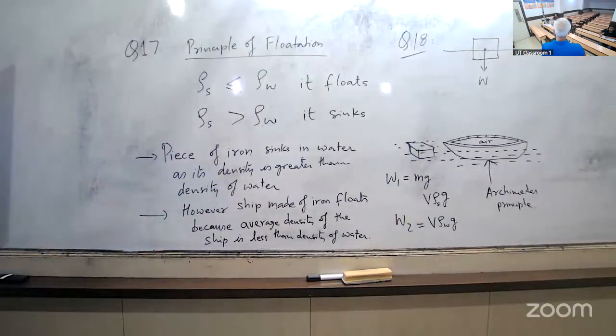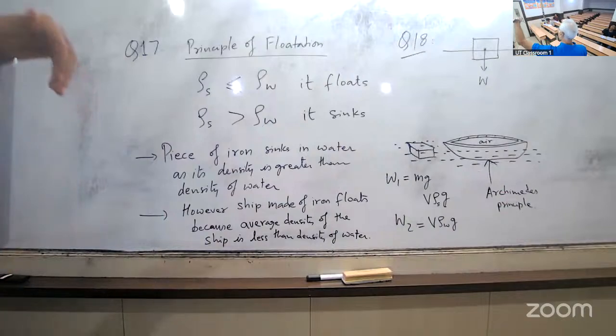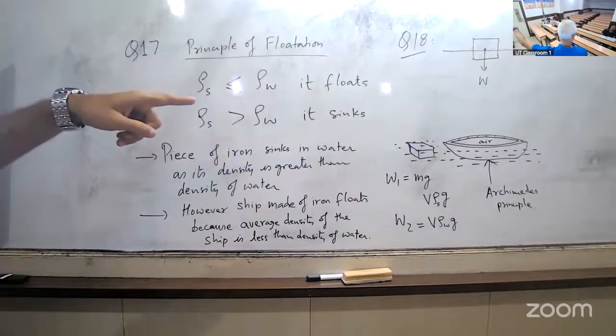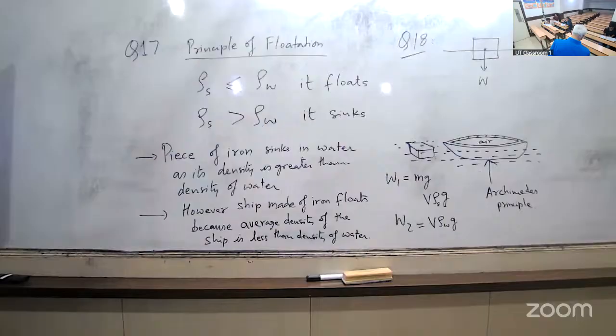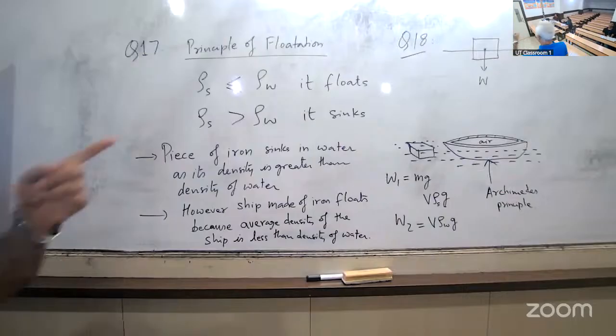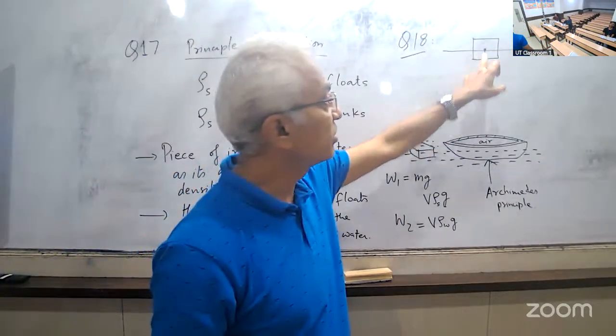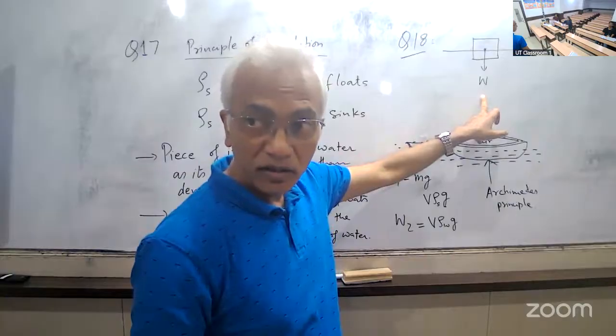When the body is floating, is it moving down? No. And the net force downward is the weight W of the body. So what will be the weight of water displaced? The weight of water displaced is nothing but the upthrust by Archimedes principle. So for a floating body, upthrust must be equal to the weight. That's why it is balanced.